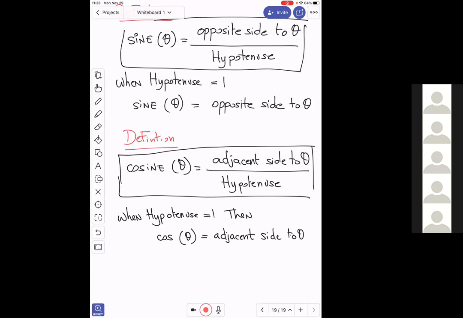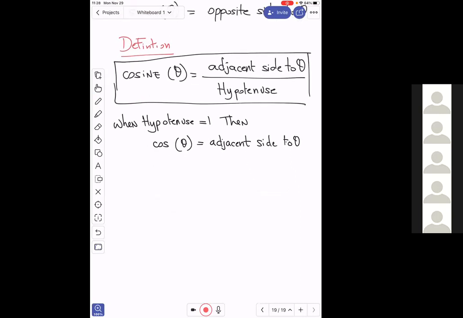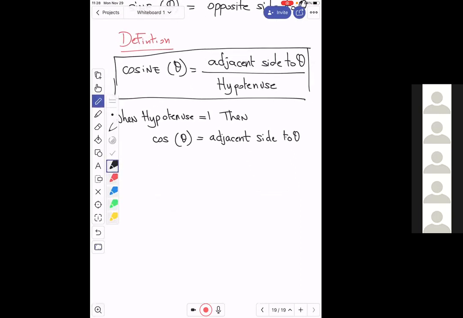So let me just say, because of this unit circle, you can think of sine and cosine as x and y.